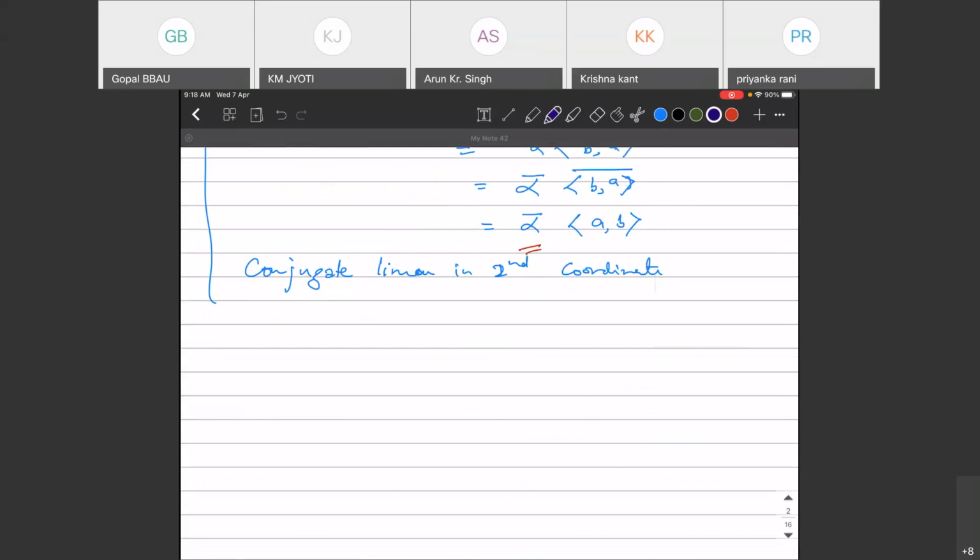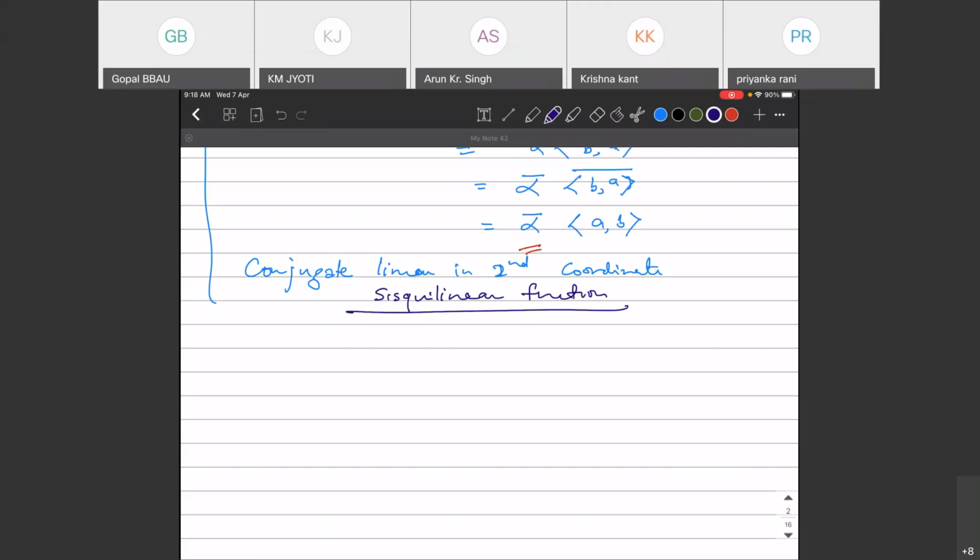Such functions are called sesquilinear functions.